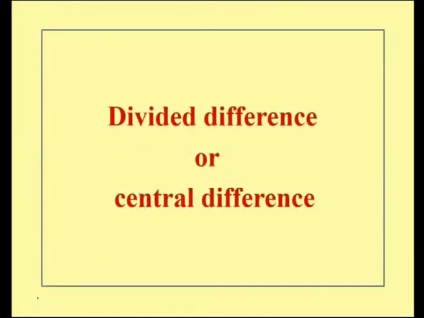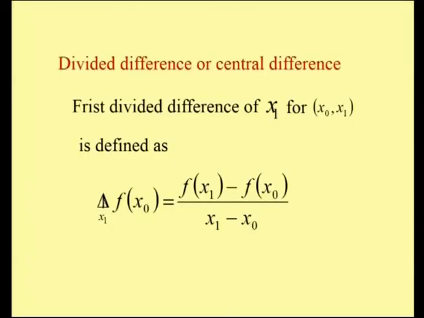Okay. And then divided differences or central difference. There are actually two formulas, but Newton's general interpolation formula for equal intervals has been specified in your syllabus. Lagrange's interpolation formula is used for unequal intervals. A divided difference is given by the formula.